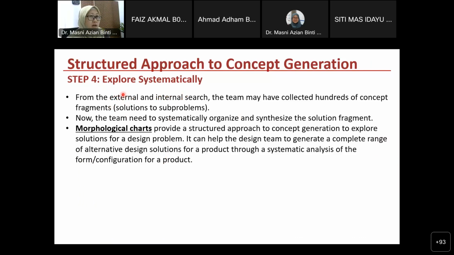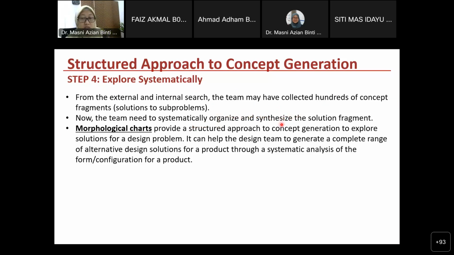You will get some idea on the approach of problem solving. During the internal search, you can use a Scamper method untuk generate new solution. So based on these 2 activities, the team, your project team, may have collected hundreds of concept fragments or solution to sub-problem.